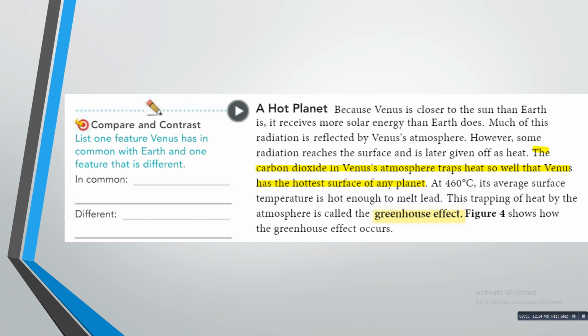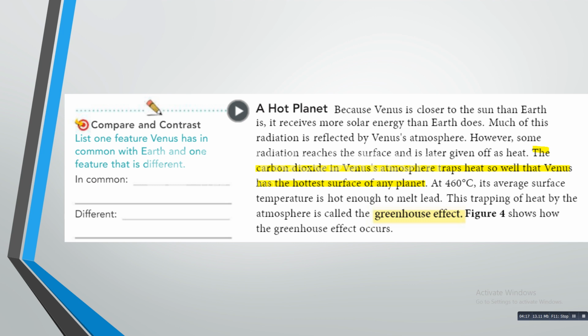If you remember the word greenhouse effect that we talked about when we were studying the surface of the Earth and the layers of the atmosphere of the Earth, there is something called the greenhouse effect, which is directly related to the amount of carbon dioxide in the air.